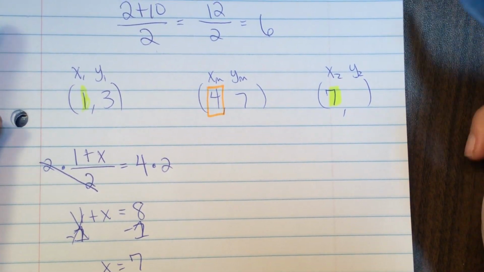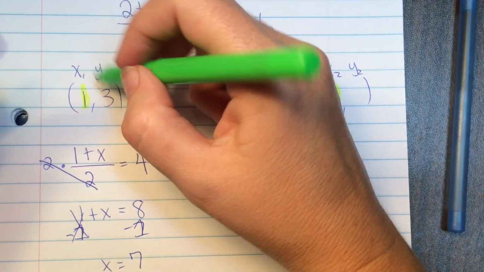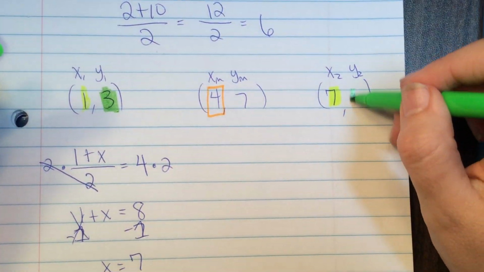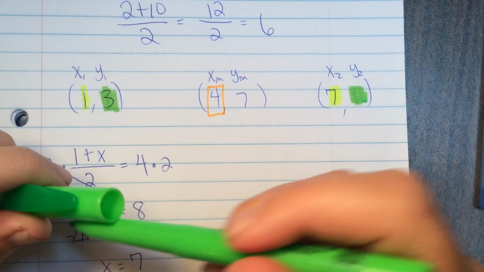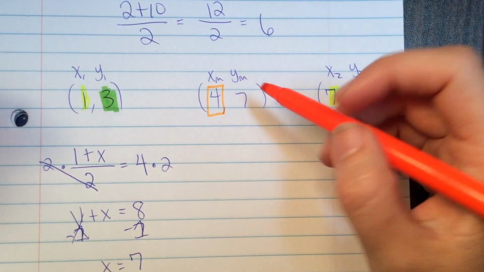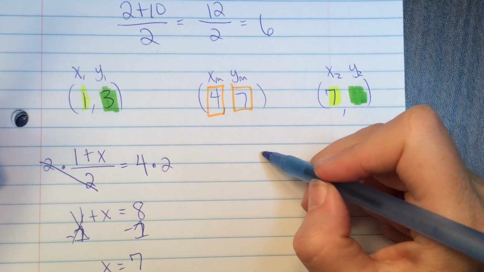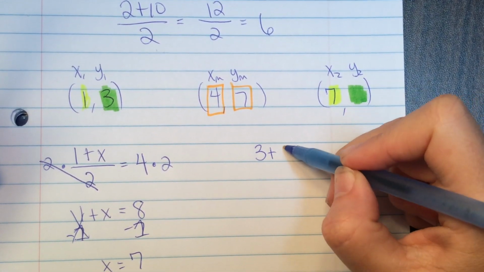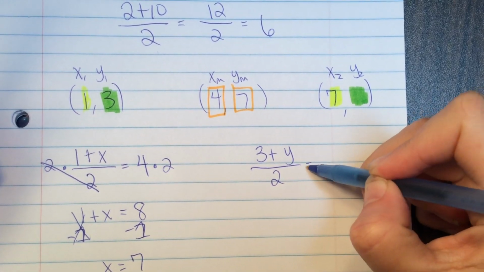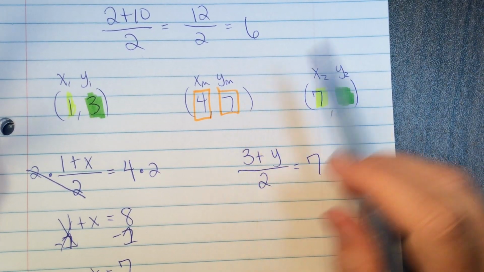Let's do our y's. Our y's are 3 and some other number that we don't know, and they're going to equal 7. So 3 plus y divided by 2 is going to equal 7.